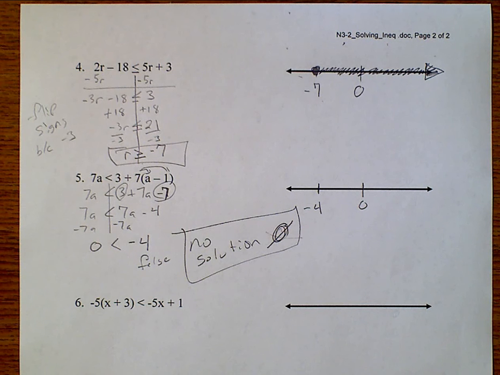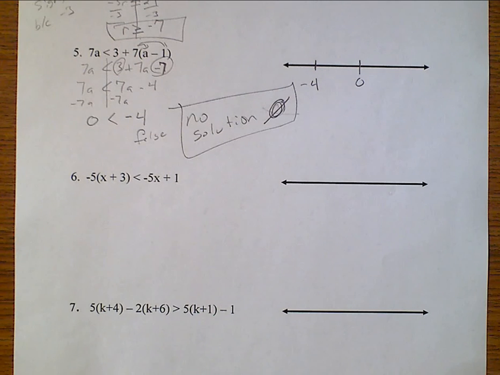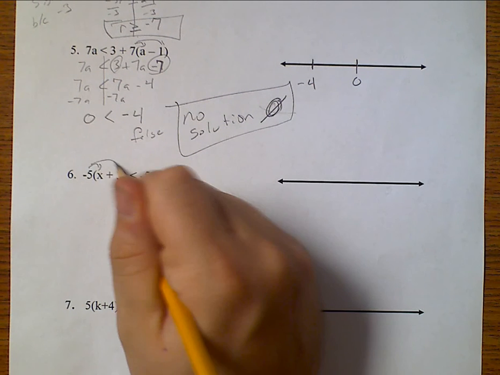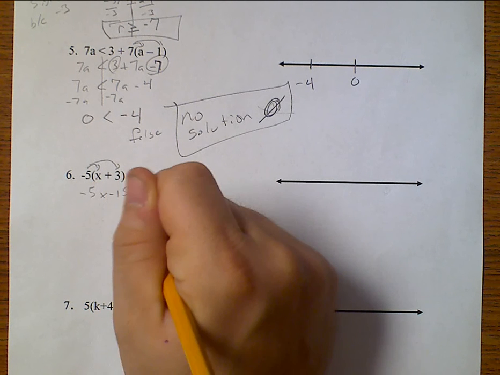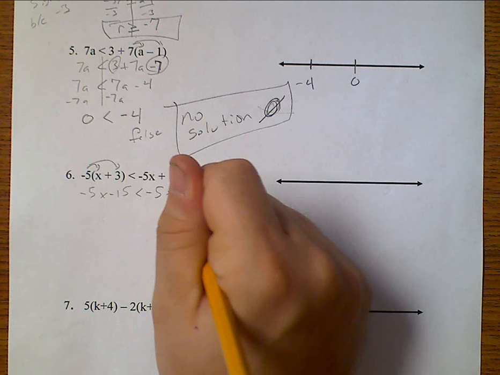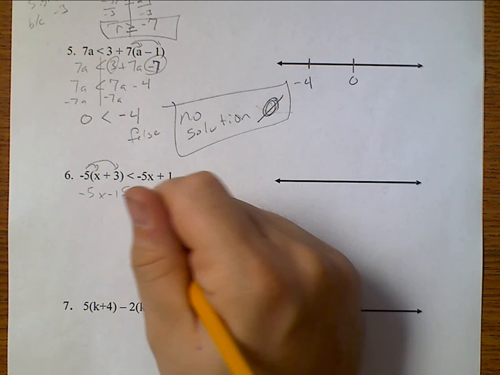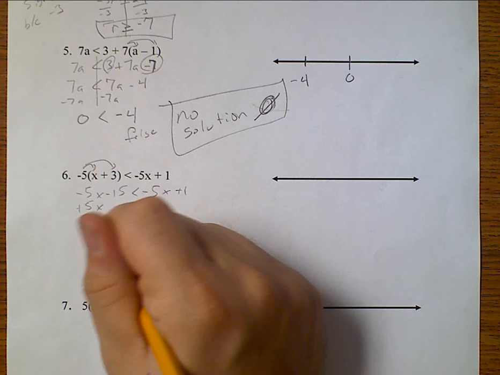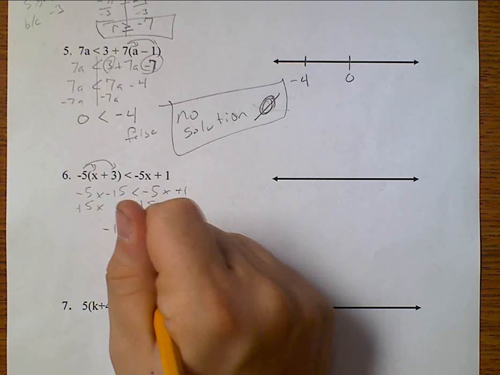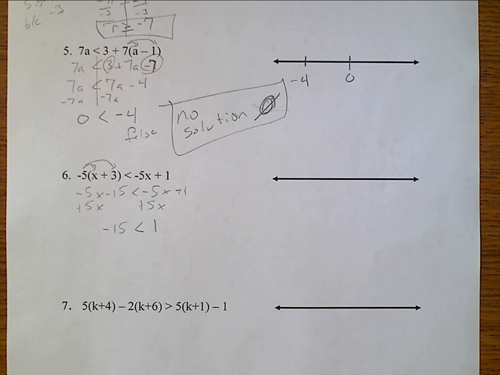Moving on to example number 6. Again, we start off by distributing. Negative 5x minus 15 less than negative 5x plus 1. Move my variables to the other side. I get that negative 15 is less than 1. Well, that's true.